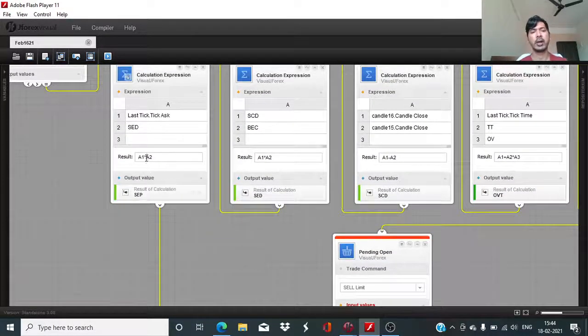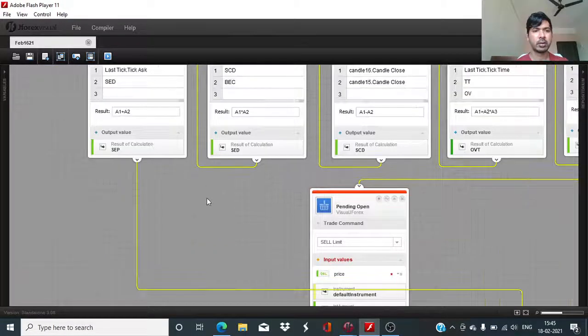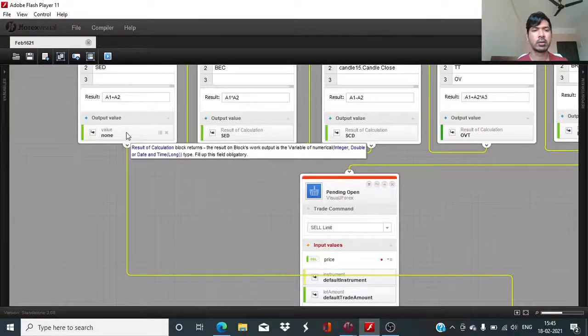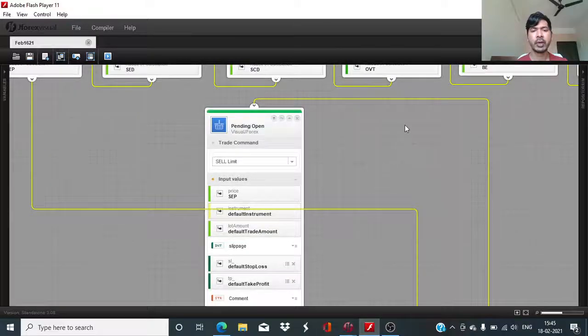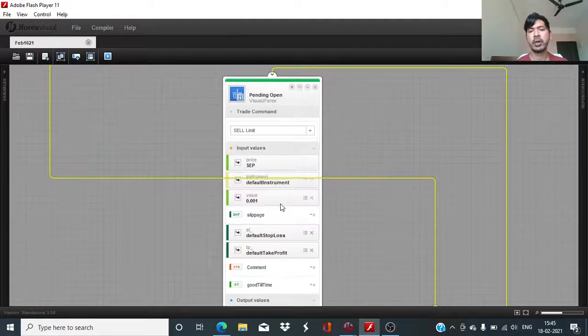Oh, I think here I have made a mistake. This should be addition, not multiplication. Pardon me on this count. Small error of omission, I guess. Default instrument EUR/USD, trade amount.